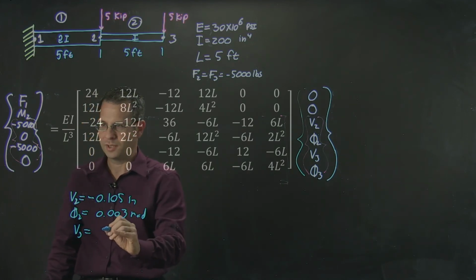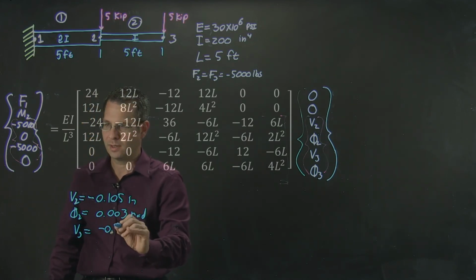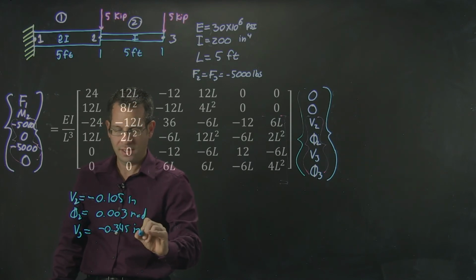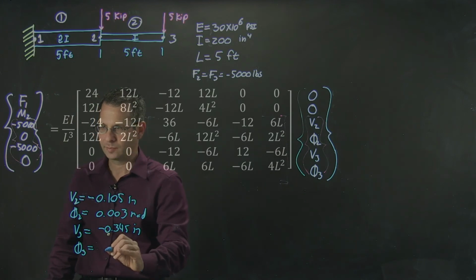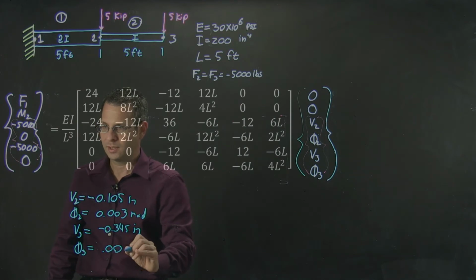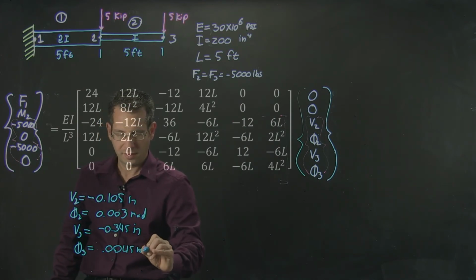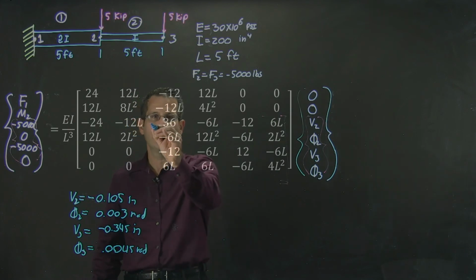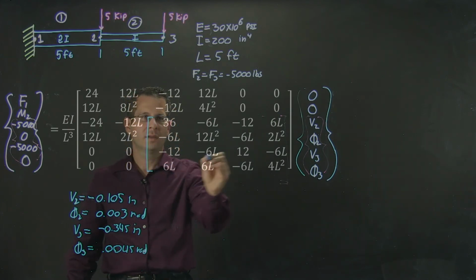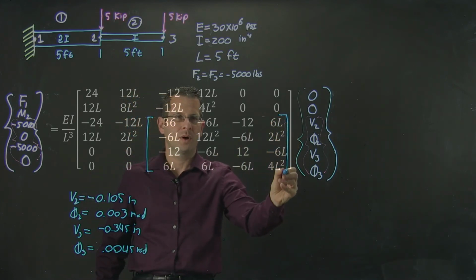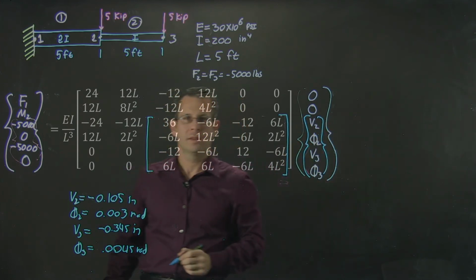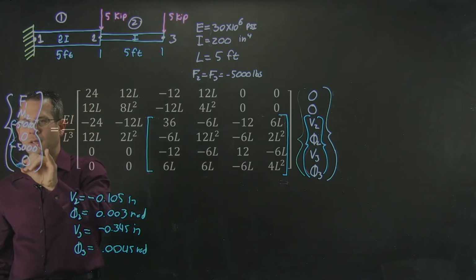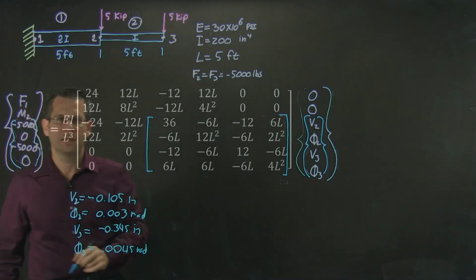V3 is equal to negative 0.345 inches, and Phi3 is equal to 0.0045 radians. Okay, and again, I'm solving for this 4x4 times this vector is equal to this vector.